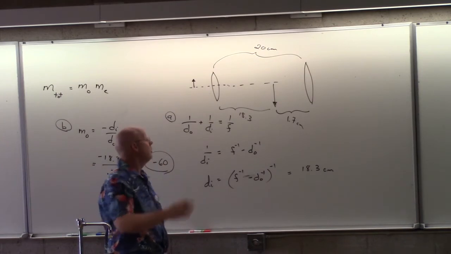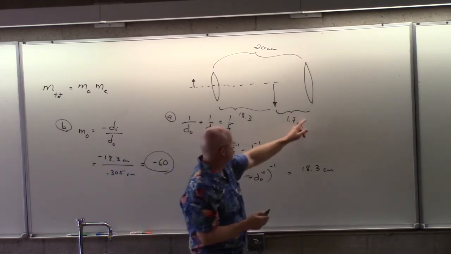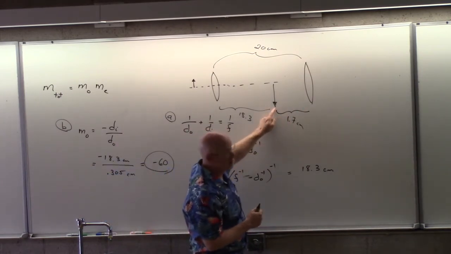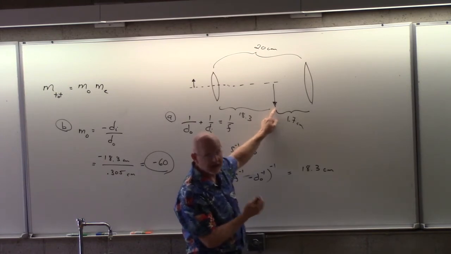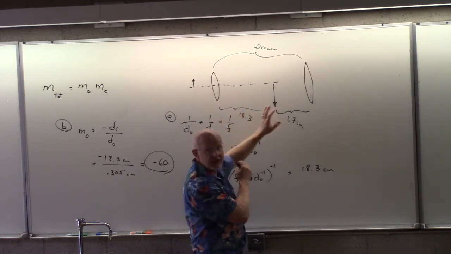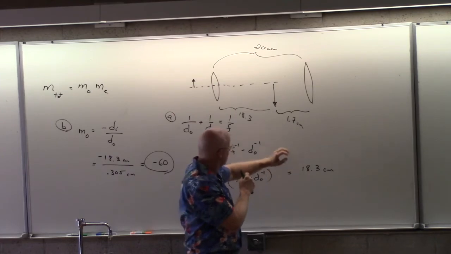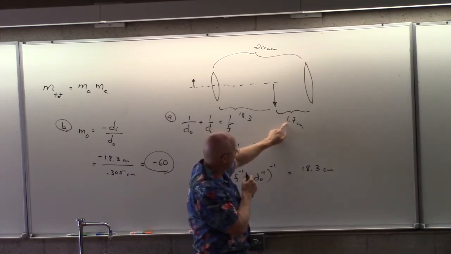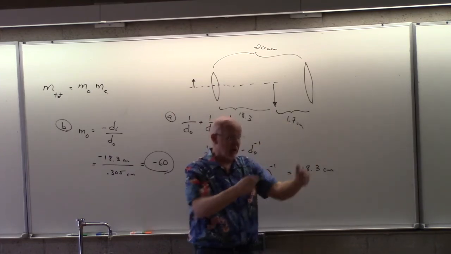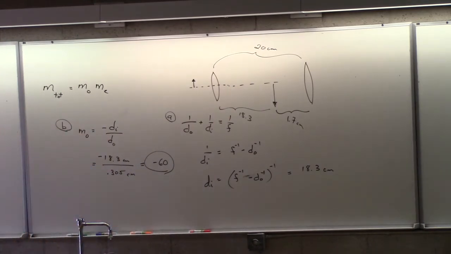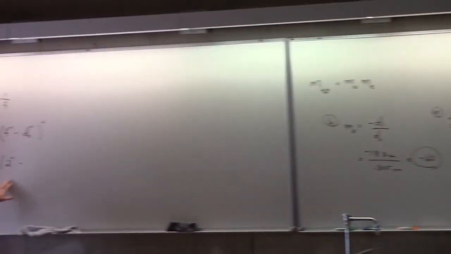Oh, by the way, notice that then the distance, and I'll call this the object now, it's actually the image from the first lens, but it's now the object for the second lens. But notice that number, 1.7, is less than the focal length of 2. This is case number 2, right, from the last chapter.